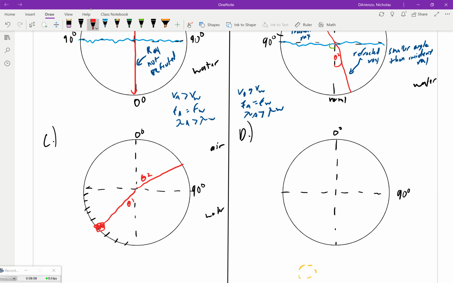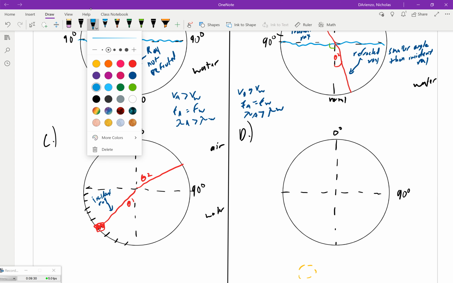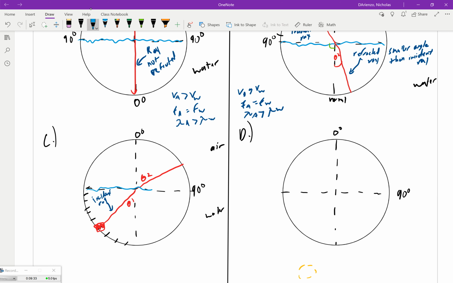We have two angles here, and both are in relation to the normal. Our incident ray originates in the water, and it leaves our boundary, which we'll color here. I'll do the last one.